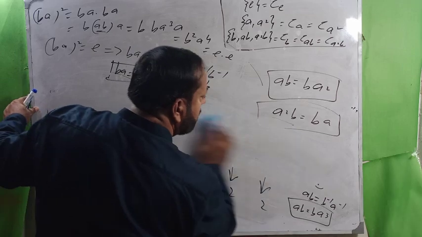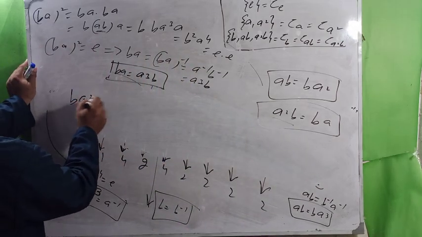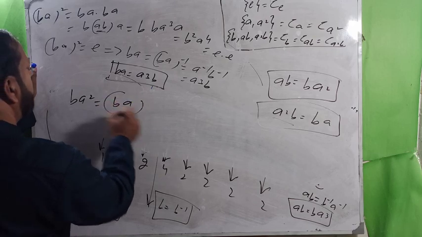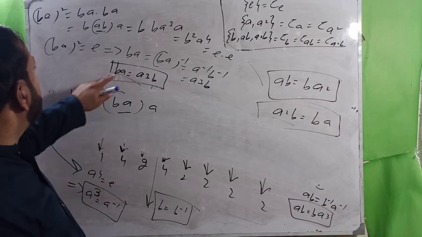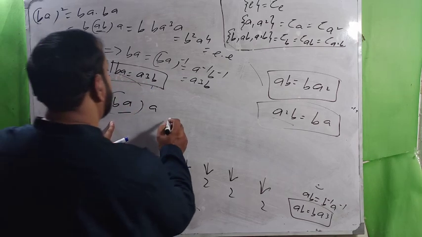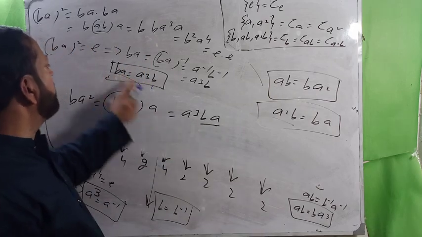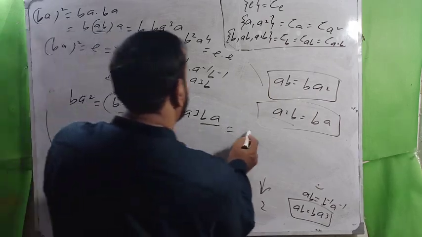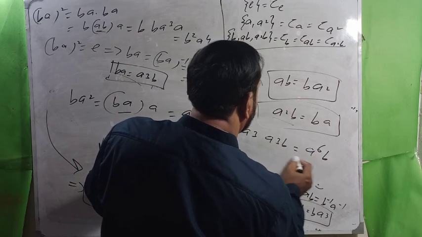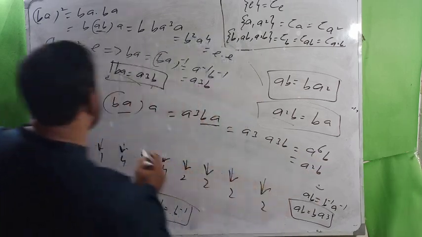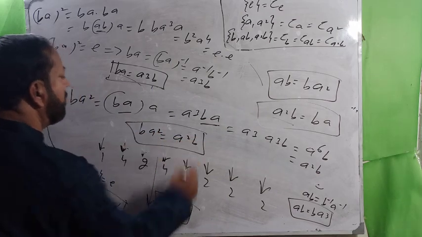So BA square is equal to BA into A. And what is BA? BA is equal to A cube B. This is equal to A cube B A. Then again BA is A cube B. This is equal to A cube and A cube B. This is A6 B, which is A square B. So you see, BA square is equal to A square B. Okay.